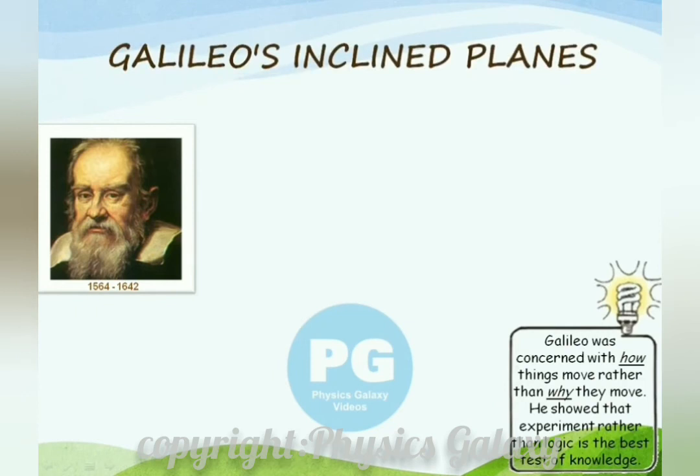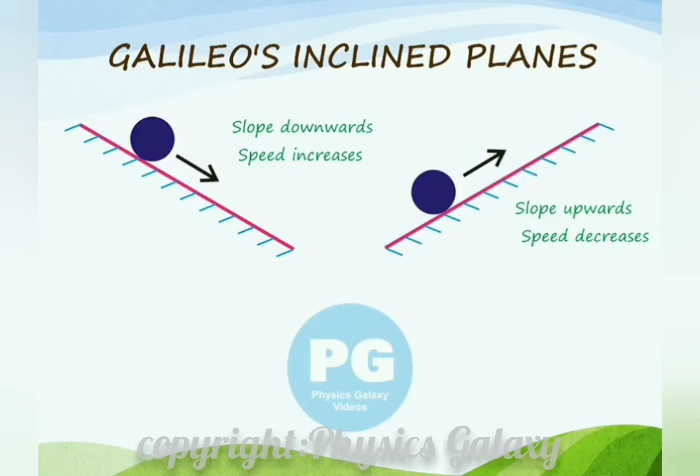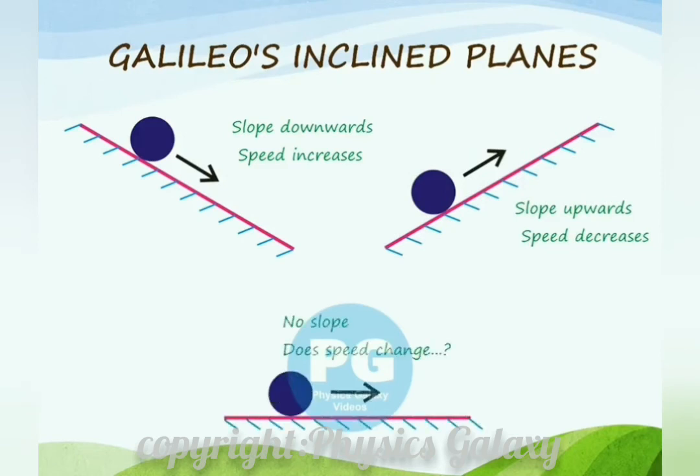So from this experiment, it is clearly shown that the ball comes downwards because of the gravitational force, so the speed increases when it comes downwards. If the slope is upwards, then the speed decreases because of the gravitational pull.